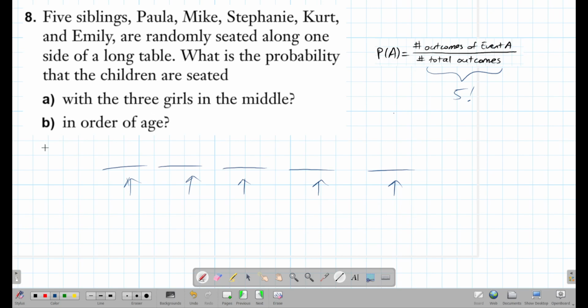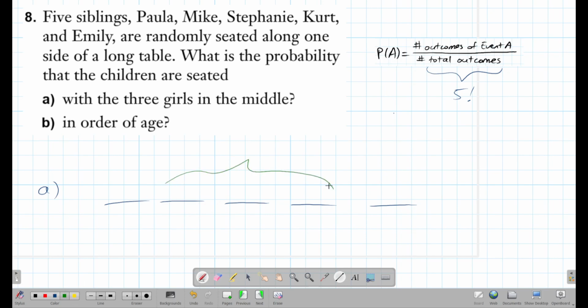So looking at A, give me 1 second, I want to clean this up a little bit. Looking at A, we need the 3 girls in the middle. So I'm going to say that these 3 seats are for the girls. There are 3 girls: Paula, Stephanie, and Emily. The 3 girls can be seated at any of these positions. So there are 3 possible girls for the first seat, 2 possible girls for the second seat, and 1 possible girl for the third seat.